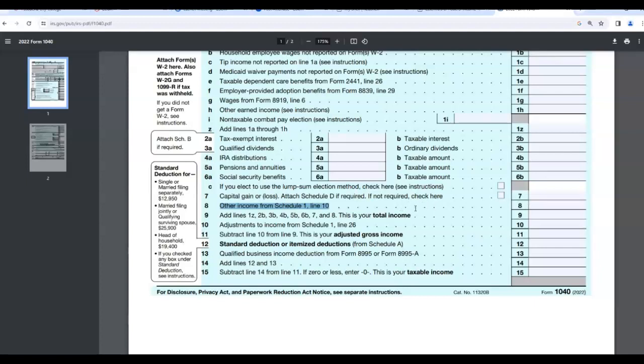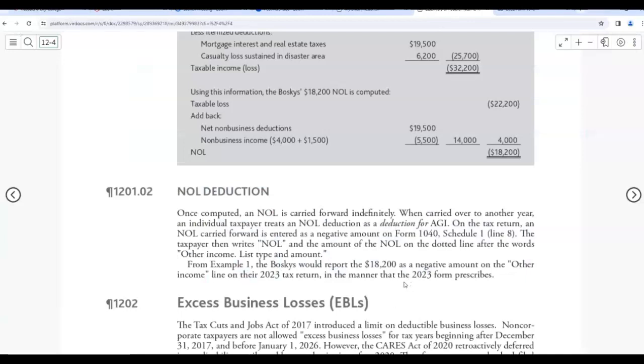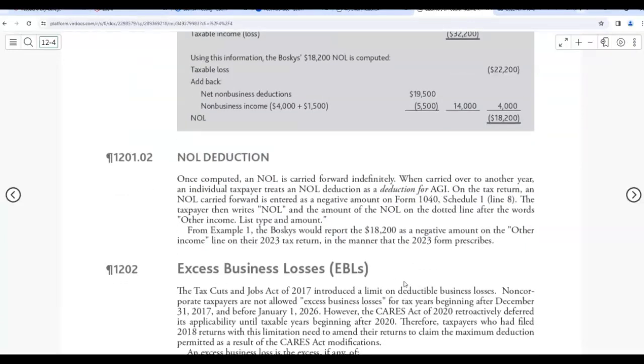And in the dotted area, in your software, make sure that it shows NOL, net operating loss, so IRS knows that's a net operating loss. If you are using the same software that you used previously, the software will put it as NOL itself. But if it's new software, you have to make sure those things get done right and properly.